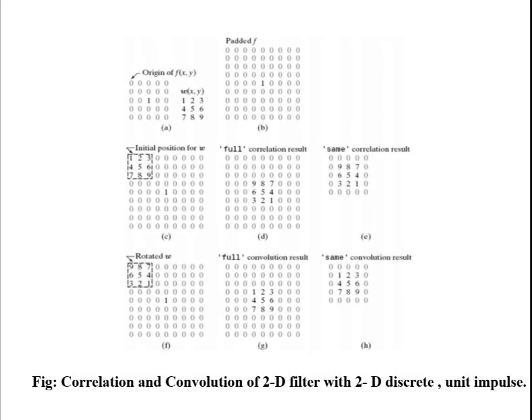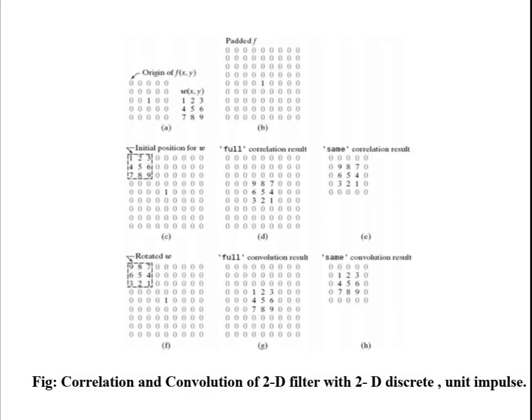So we pad f with 2 rows of zeros above and below and 2 columns of zeros to the left and right, as shown in figure B. Next, figure C shows the initial position of the filter mask for performing the correlation, and figure D shows the full correlation result, while figure E shows the corresponding cropped result. Note again that the result is rotated by 180 degrees.